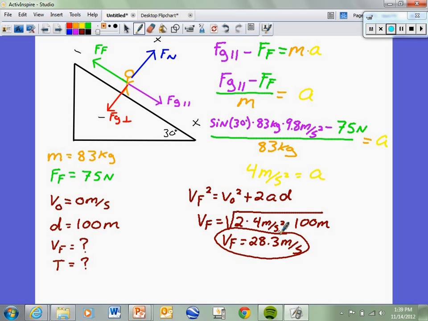Now we're going to solve for time. Solving for time, going to have a little bit of trouble finding some room here, but we'll do what we can. Using the third equation, d equals v naught t plus 1/2 at squared. Again, v naught is 0, so this term will cancel.